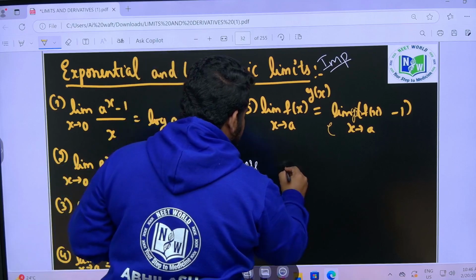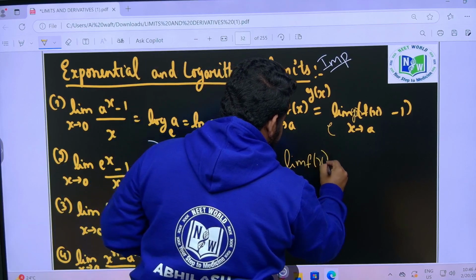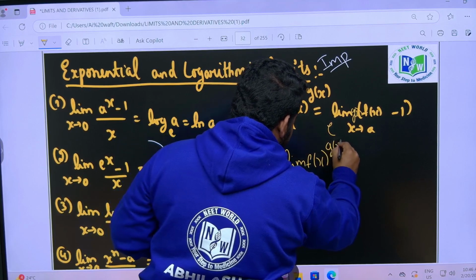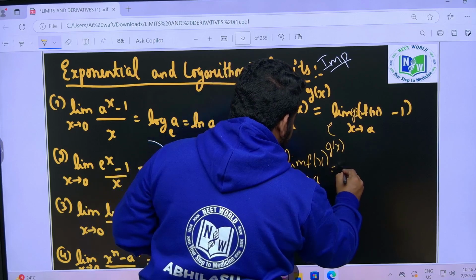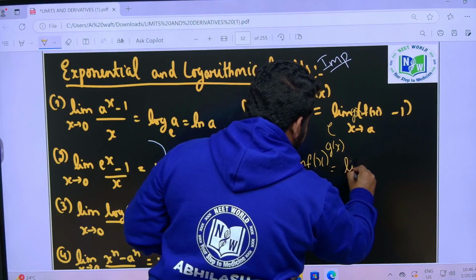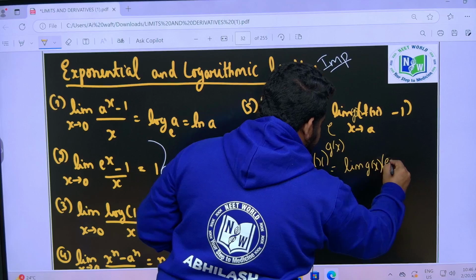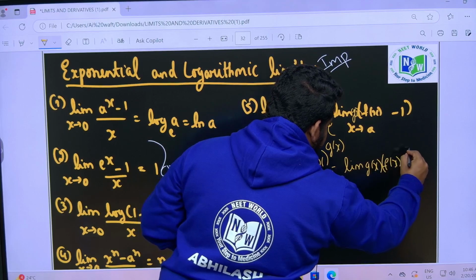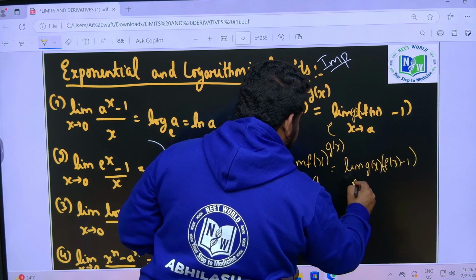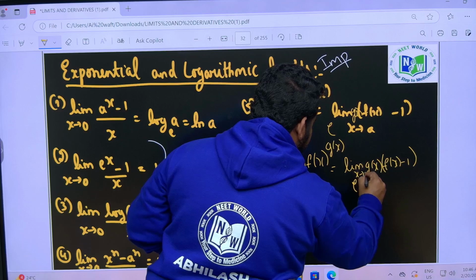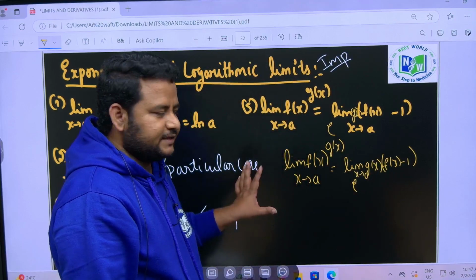So this is limit f of x to the power of g of x as x tends to a is equal to e to the power of limit g of x into f of x minus 1, as x tends to a. This is called the tree monkey property.